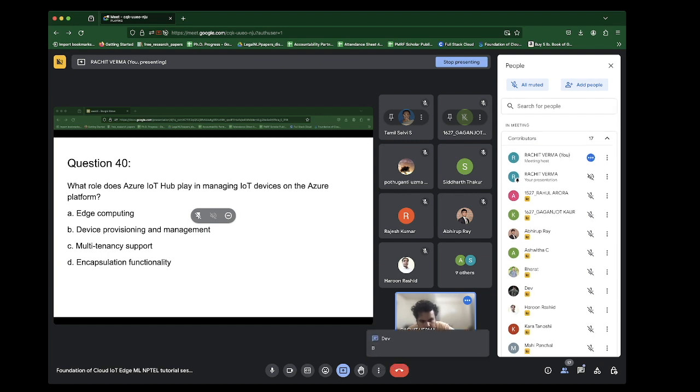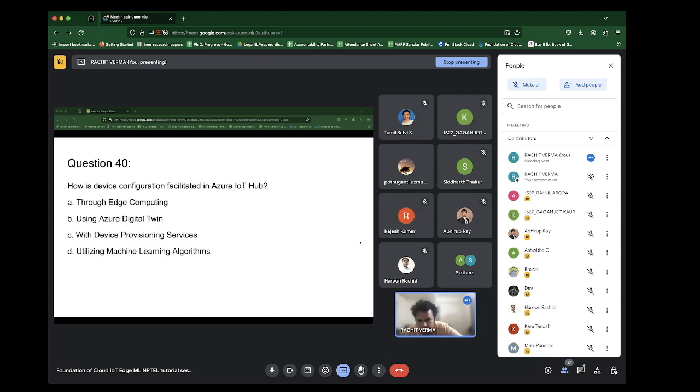Okay. Yes, so B is the correct answer. It allows for device provisioning and management. So that is its main purpose. You have something to say?